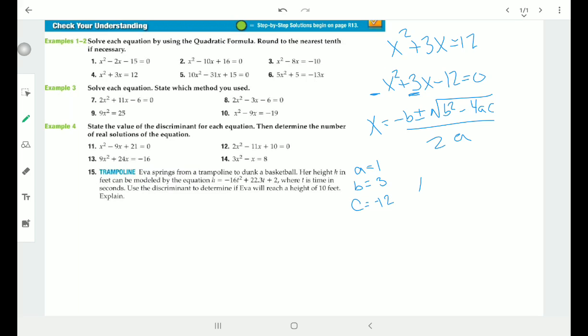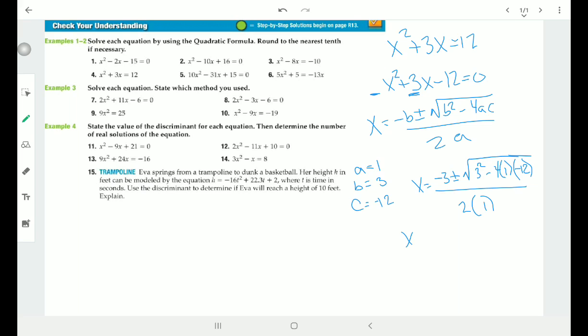So now if I plug in everything I know, negative b, so negative 3 plus or minus the square root of b squared, so 3 squared, minus 4 times a, which is 1, times c, which is negative 12, divided by 2 times a, which is 1.